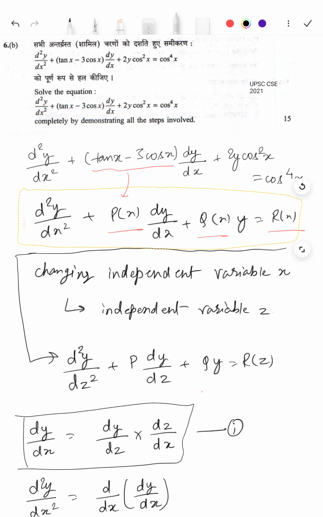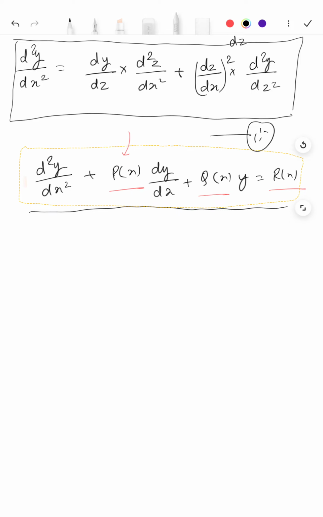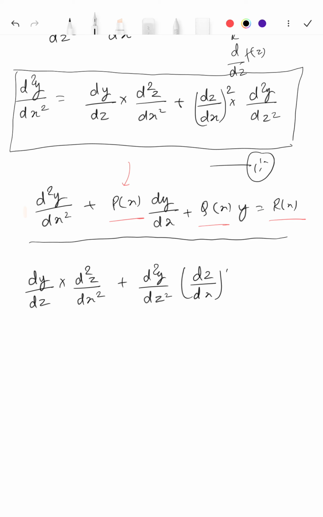So let's copy this one and paste it here. Okay, now let's substitute the given values. What we get here is, for d square y by dx square, we have dy by dz into d2z by dx square plus d square y by dz square into dz by dx whole square.